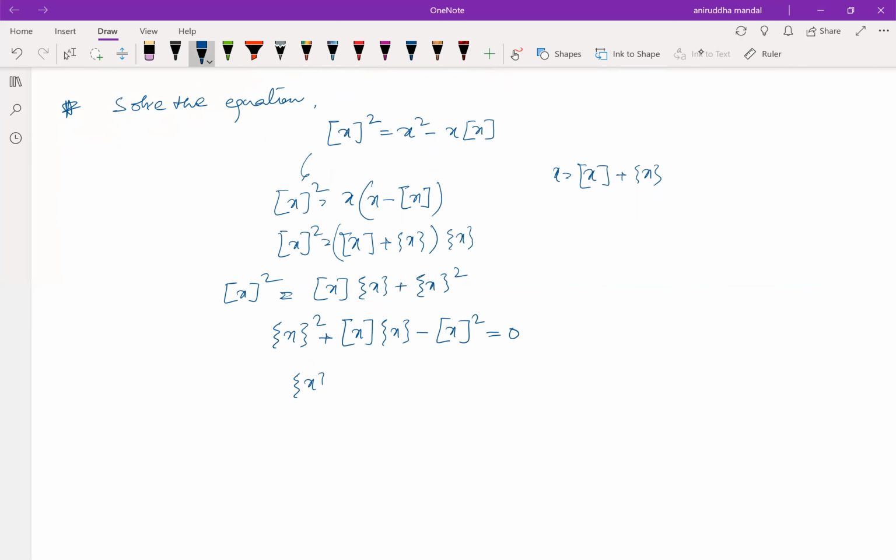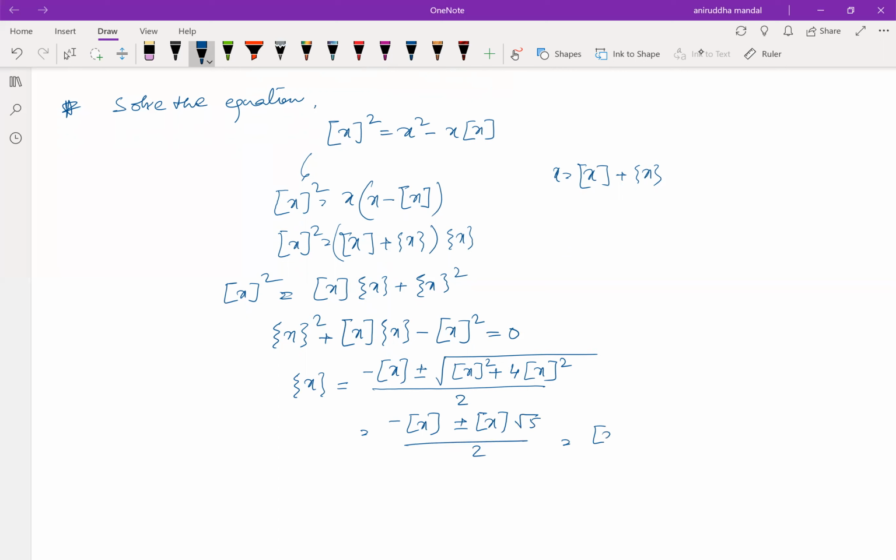Using the quadratic formula, the fractional part of x equals minus b plus or minus the square root of b squared minus 4ac, all divided by 2. Taking the floor function out, we have the floor of x divided by 2 times minus 1 plus or minus root 5.